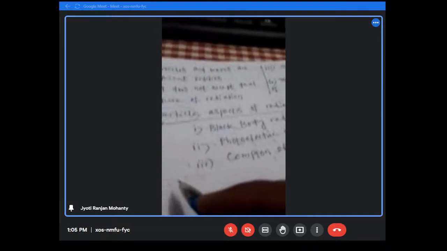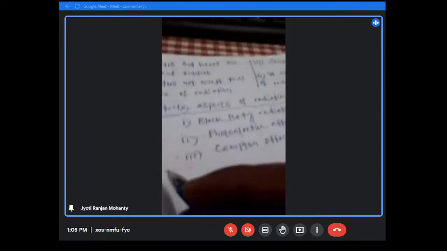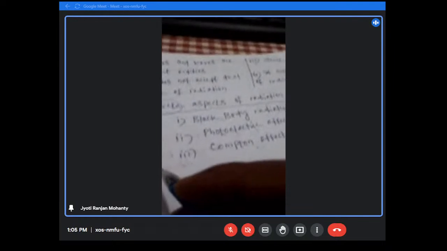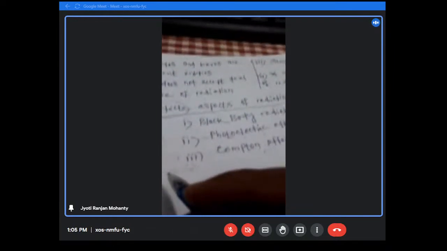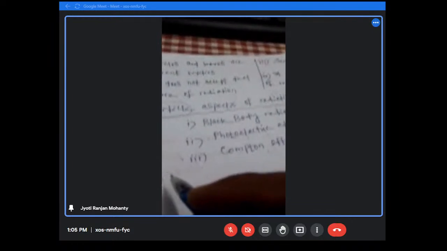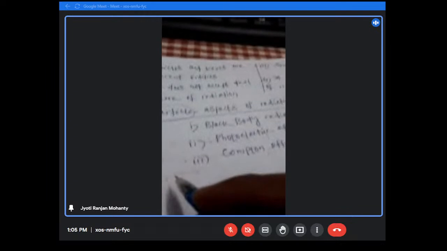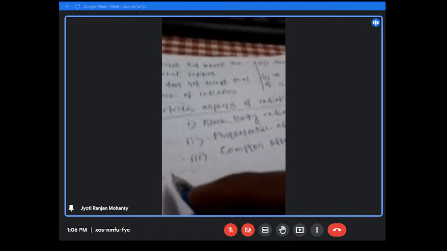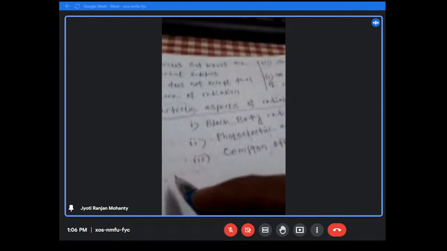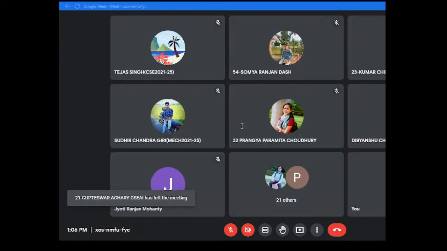It is one which absorbs 100% electromagnetic radiation incident upon it. So the black body neither reflects nor transmits, but it is a good absorber or emitter.